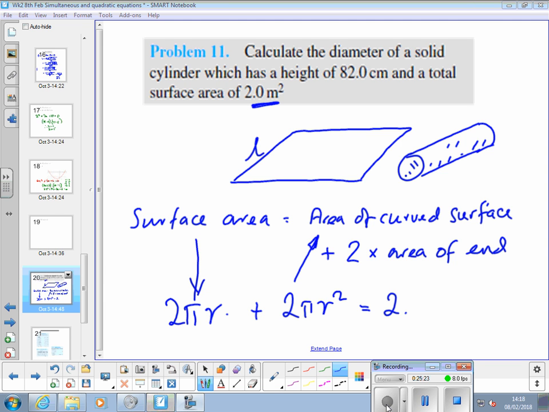So we've got an expression for surface area. What do we need to do with that now?